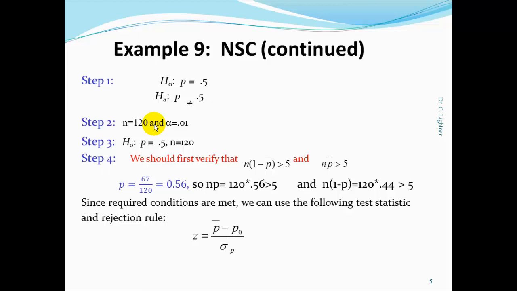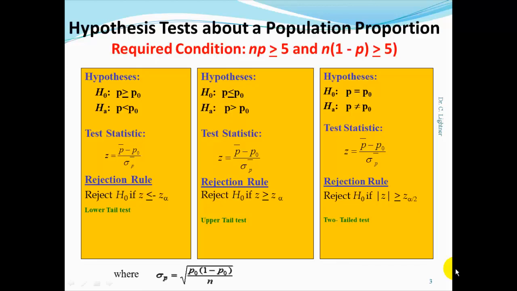For proportion problems, we don't know information about the entire population. Since this is a hypothesis test about a proportion, we can use one of the sets of test statistic and rejection rule listed on this slide, provided this required condition is actually met for this problem.